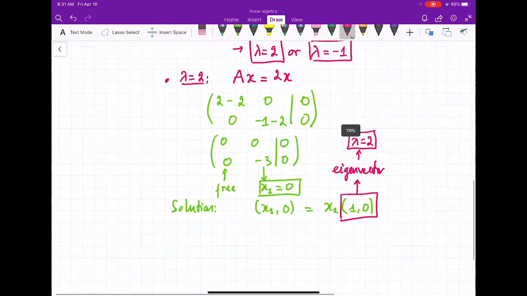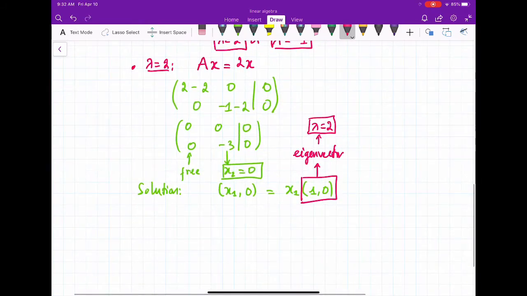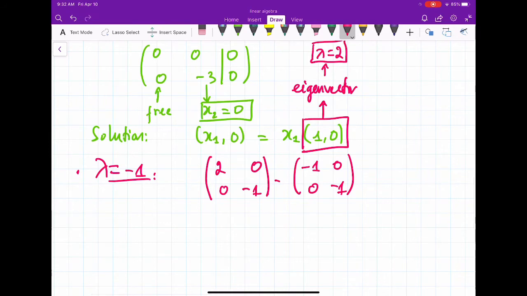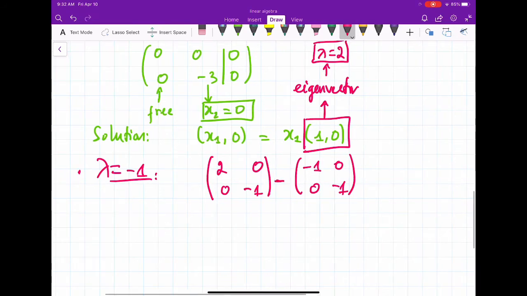And then for lambda = -1, we do almost the same. We write the matrix [2, 0; 0, -1] minus (-1) times the identity. Makes sense? And you have to solve. Let's calculate this matrix first.